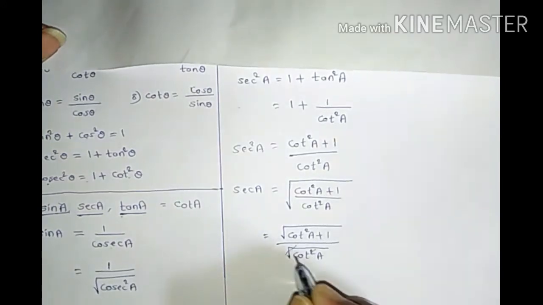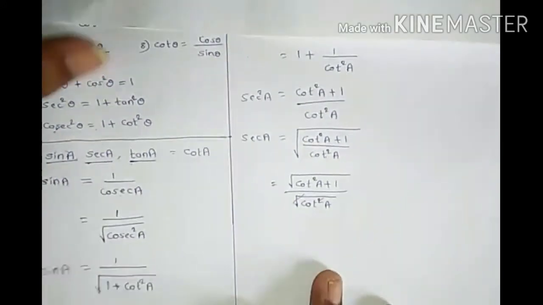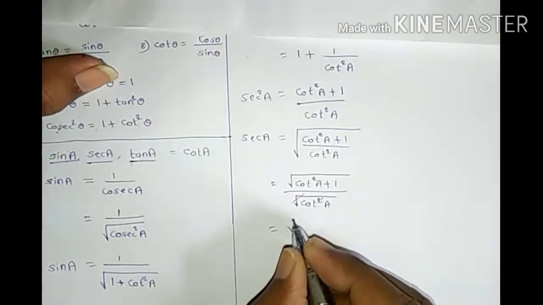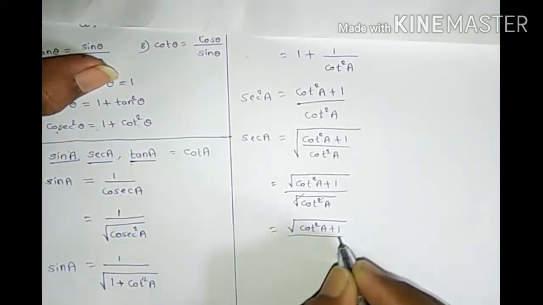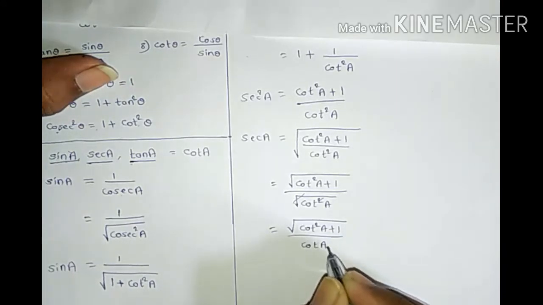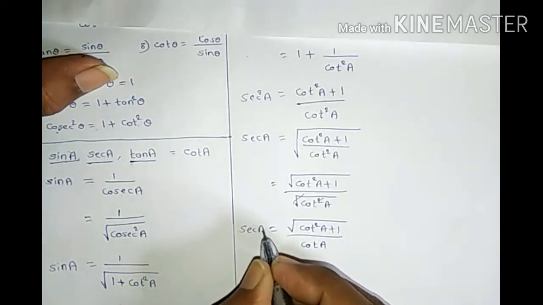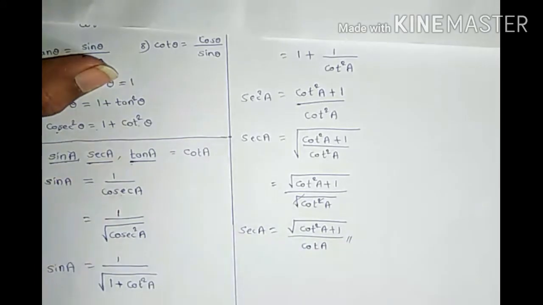Here square and square root get cancelled. Now we will write the remaining terms, square root of cot square A plus 1 divided by cot A. This is the form of sec A.